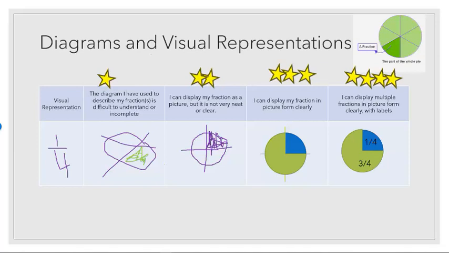Now, whether you use circles or whether you use number strips, you could use that as well. That could be representing your quarter.